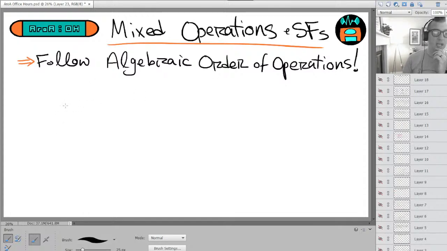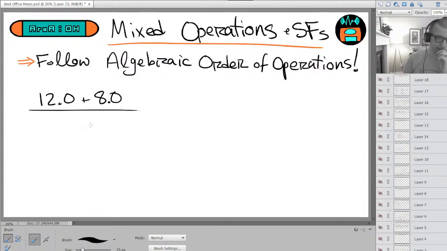For example, if you had 12.0 plus 8.0 divided by 14.22.